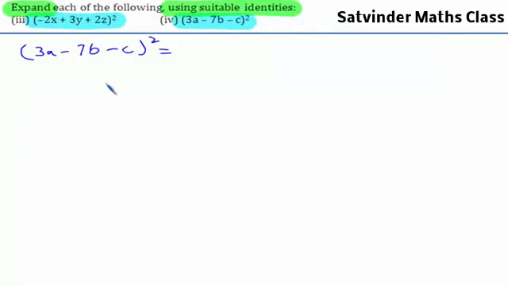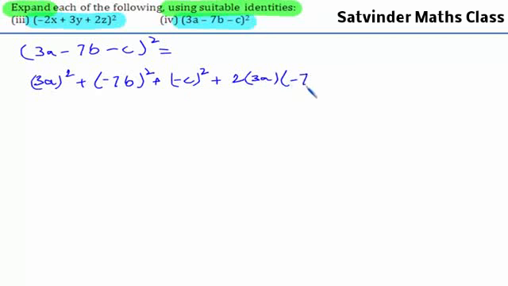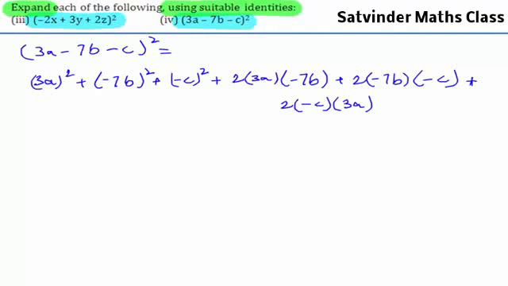We will get a², which is (3a)², plus b², which is (-7b)², plus c² would be (-c)², plus 2 into 3a into -7b plus 2 into -7b into -c plus 2 into -c into 3a. Though the calculation of this is very simple, you need to be very careful when it comes to minus symbols.